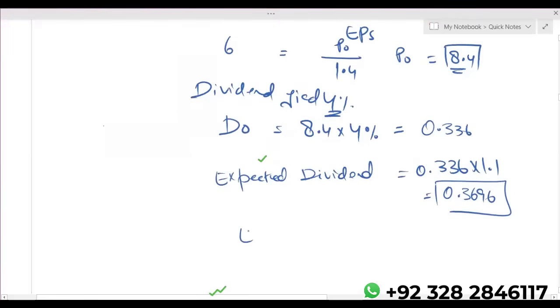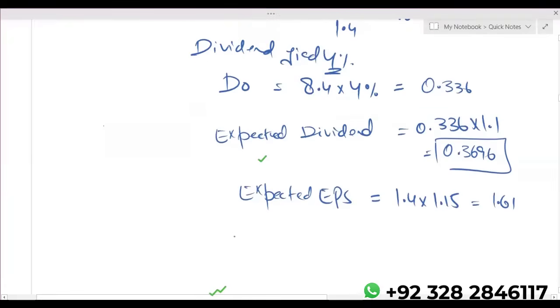I can easily calculate expected EPS. X3 EPS is 1.4. It will increase by 15%. I'm getting 1.61.